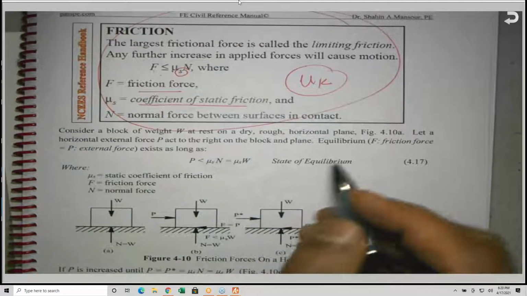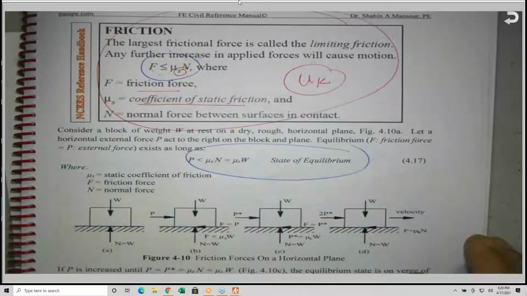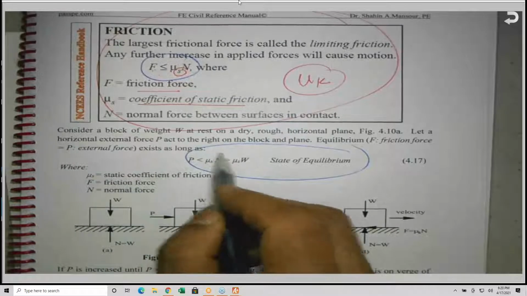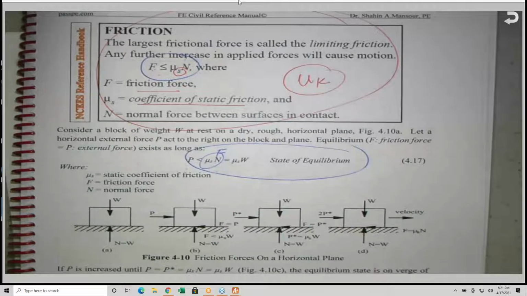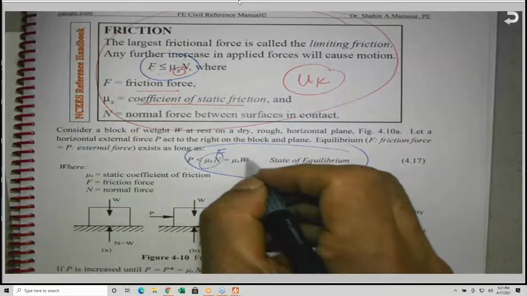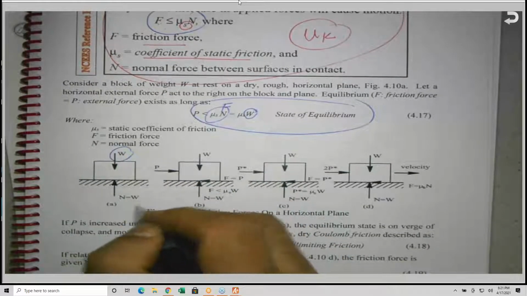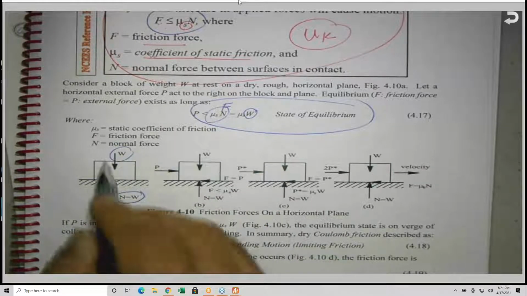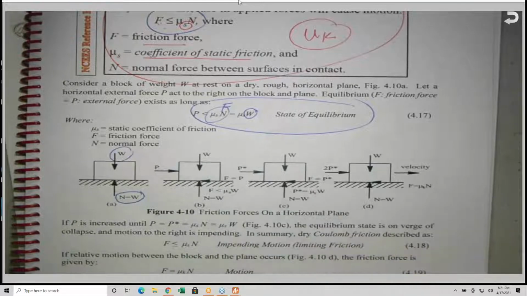So again, static equilibrium will occur as long as the external force is less than mu N, which is the friction force. And N is the weight of the block. Here it is. This is W, and this is the normal force. The normal force is equal to W, from the sum of forces in the y direction. And here are the scenarios where the block will move or stay in place.